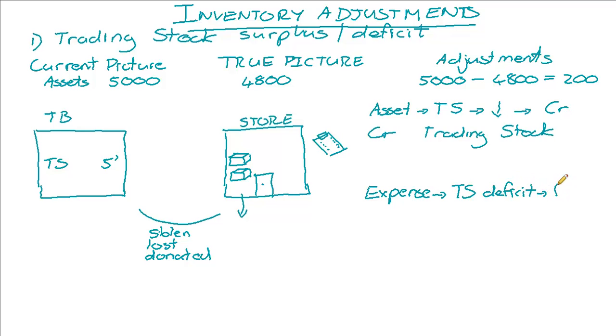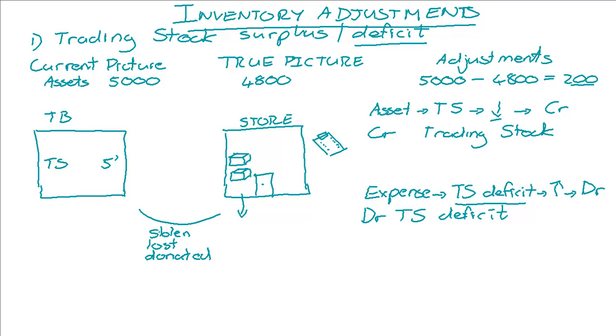Whenever an expense increases, Debit Click tells us debit expenses. So my second leg is to debit the trading stock deficit account with the 200 Rand. So my assets value is going to go down with 200 Rand, and my expenses value is going to increase with the 200 Rand. Right, that's if we have a deficit.